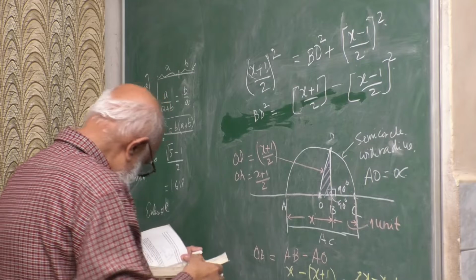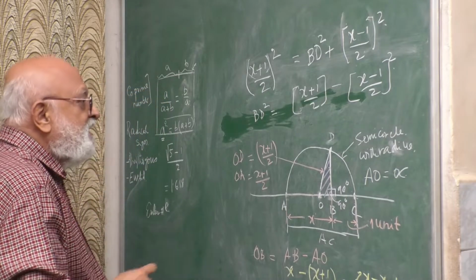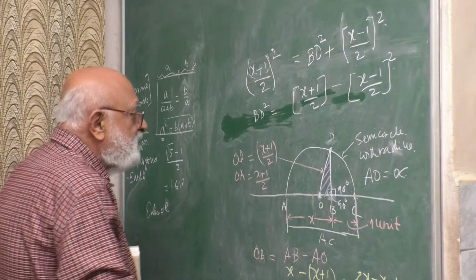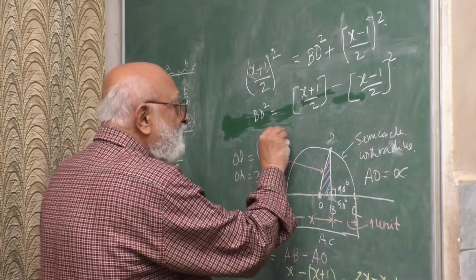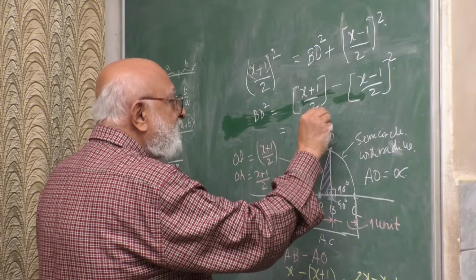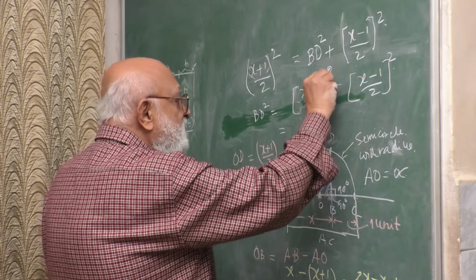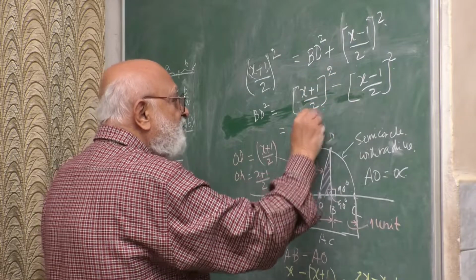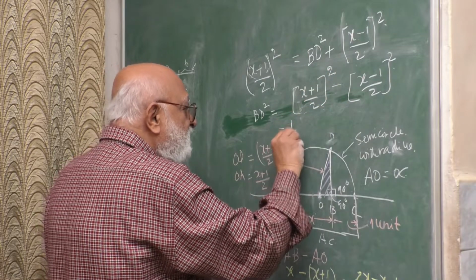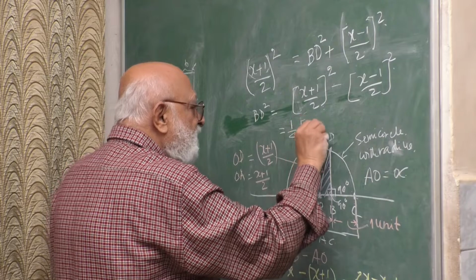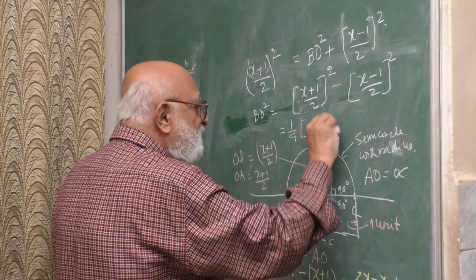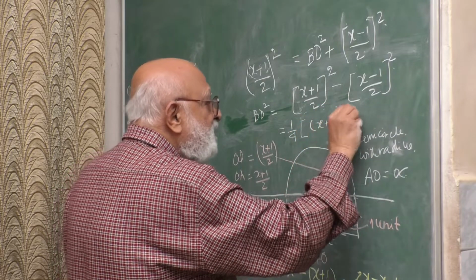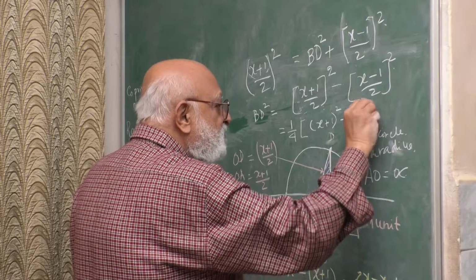Okay? Now, what do I get here? This is a square, so let us take 1/4 out. So this would be equal to 1/4 of (x plus 1) whole square minus (x minus 1) whole square.